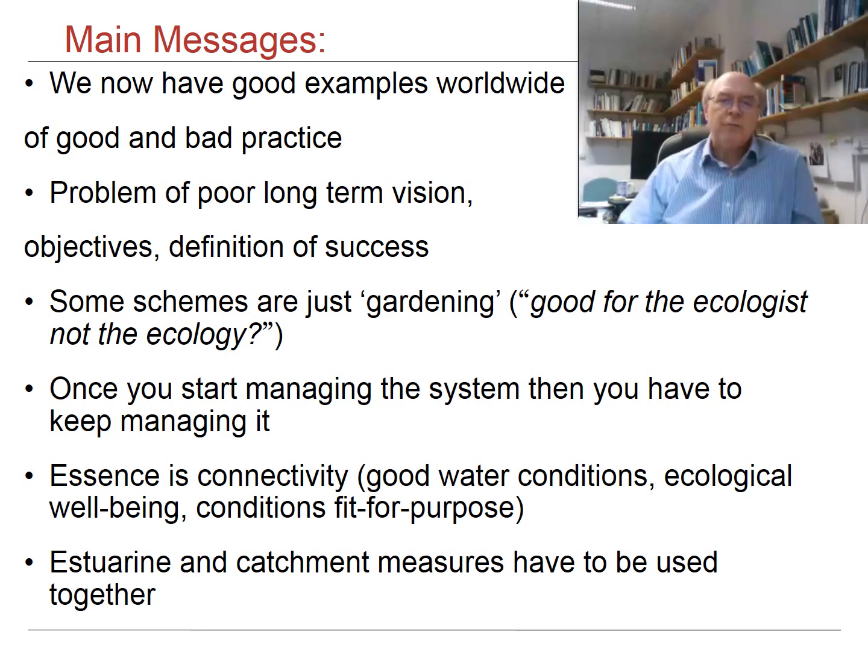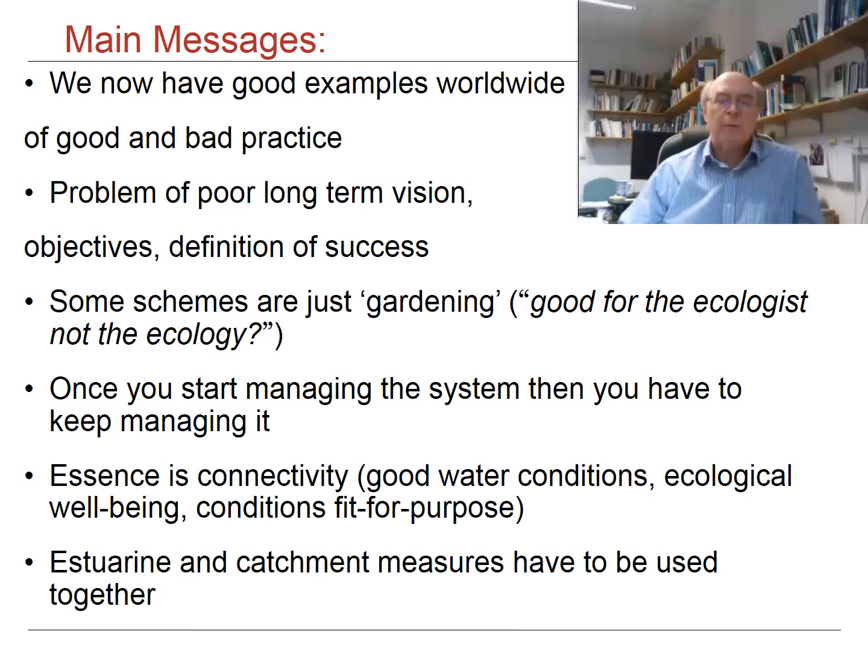Sometimes we try and recreate systems and it really is just good for the ecologist. It's not doing much for the ecology, but it makes society think that we're doing something. There's an adage that once you start managing a system, you have to keep managing it, because otherwise, if you stop managing it, it reverts to something that you don't really want.